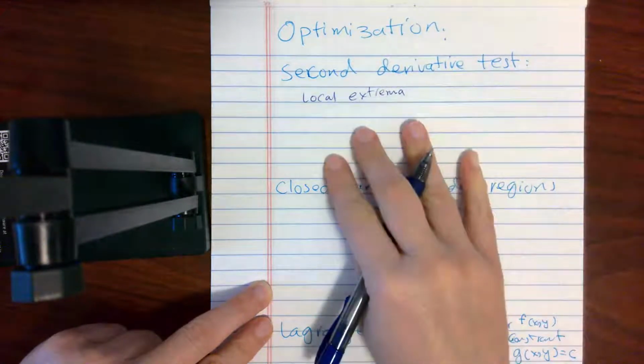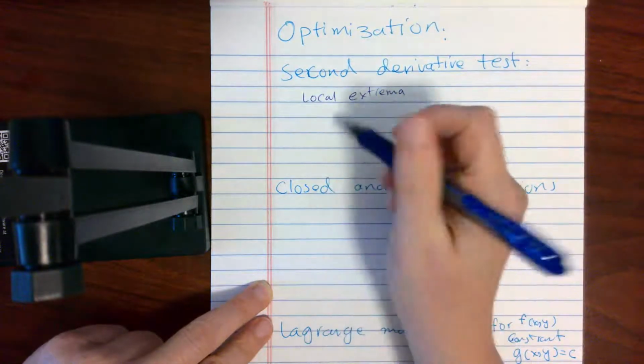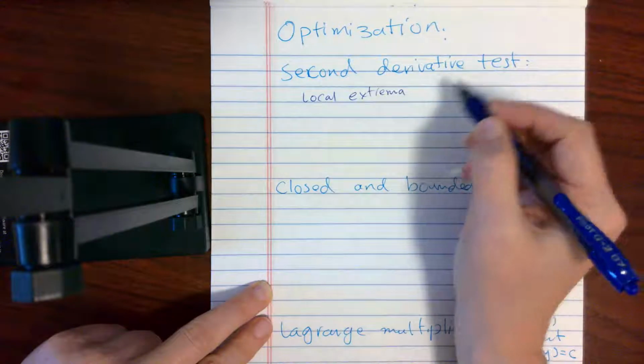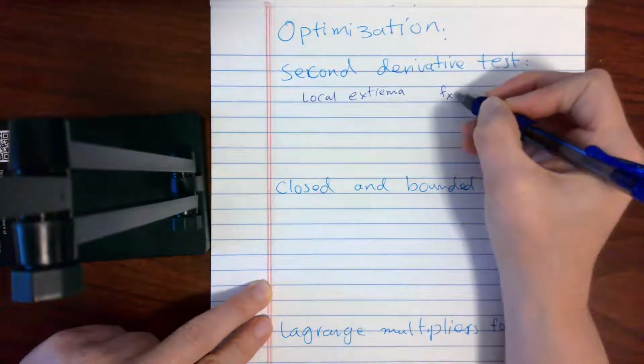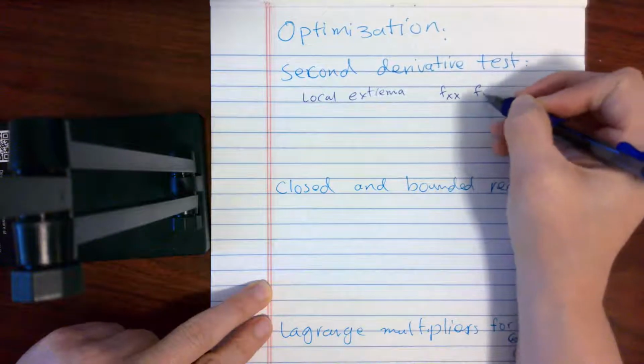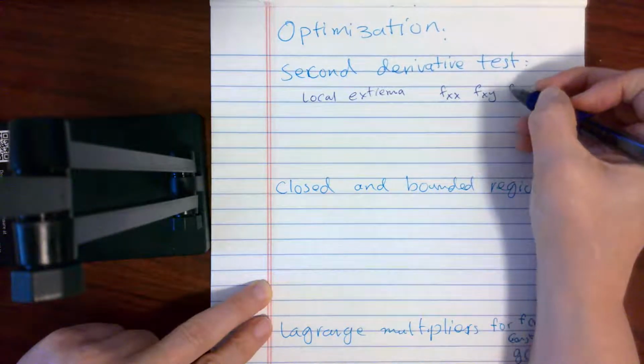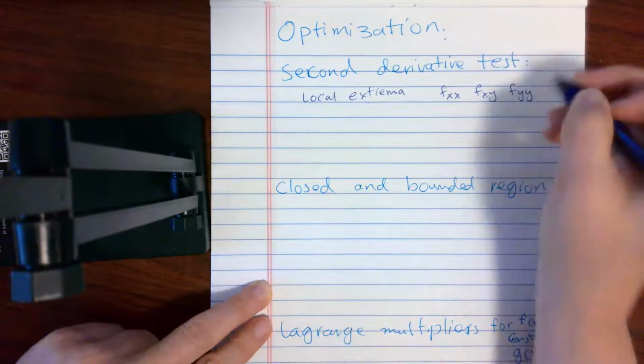And sometimes it's inconclusive. One thing to consider is that all the second derivatives have to exist, and we like them to be also continuous.